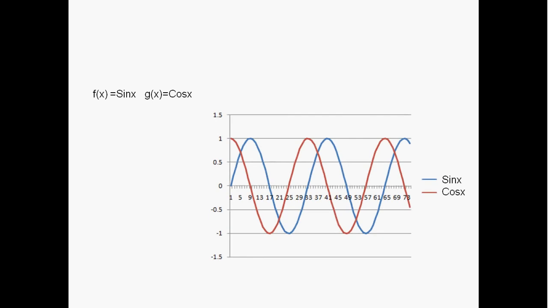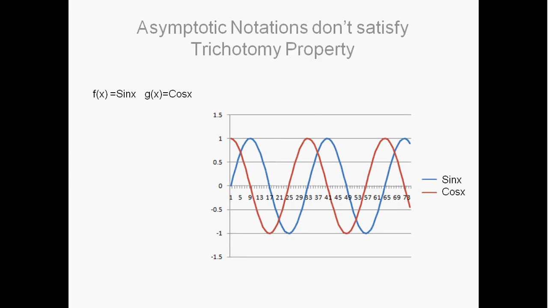If we plot the functions sin x and cos x, they will go on like this continuously. So you will ask how do we come to know which is in the order of which. The main thing is that asymptotic notations don't satisfy the trichotomy property.